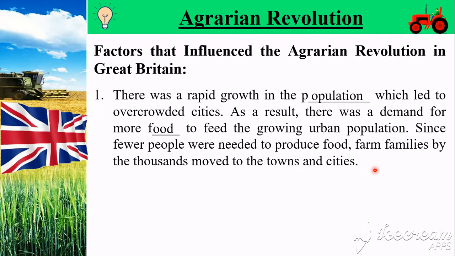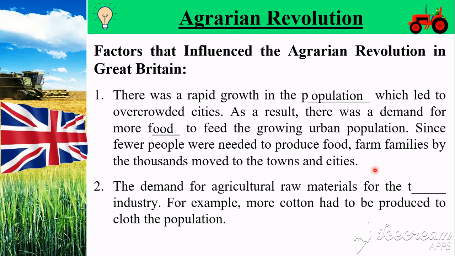to increase. Right? Next, we have the demand for agricultural raw materials for the textile industry. And we have here, for example, more cotton had to be produced to clothe the population.